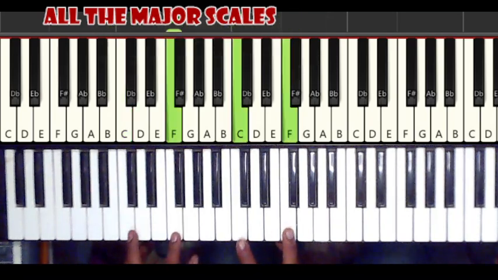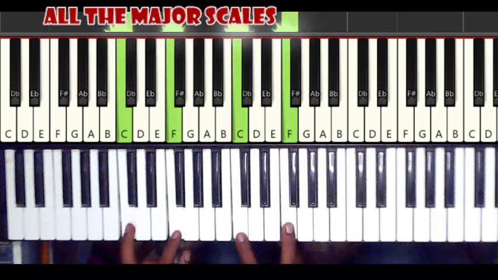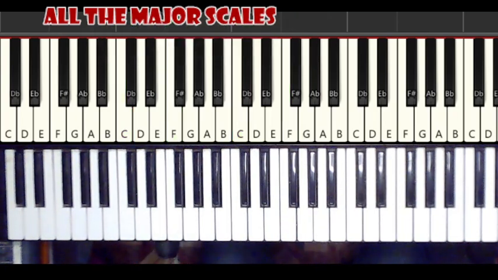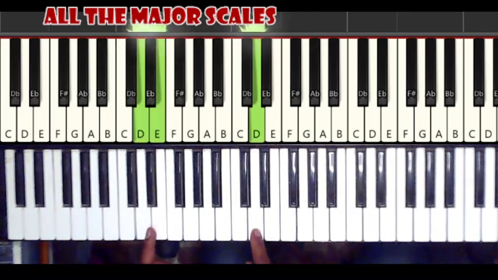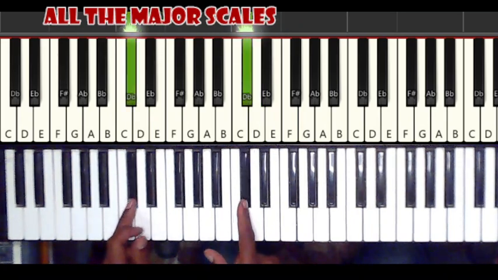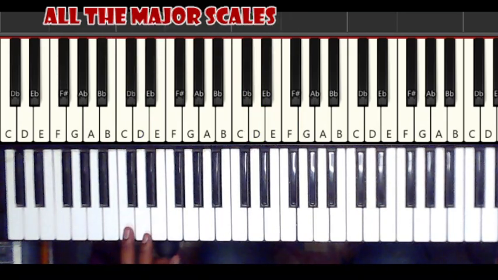You understand? 5 half steps. So the interval between C and F is 5 half steps. A half step is going key to key, key to key. A whole step is jumping one key, meaning 2 half steps make 1 whole step.